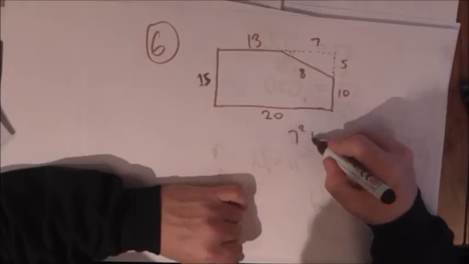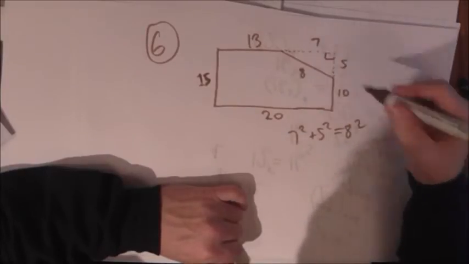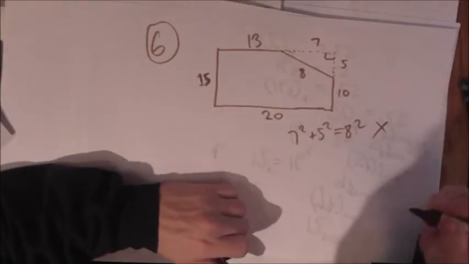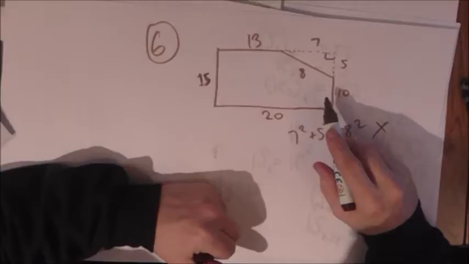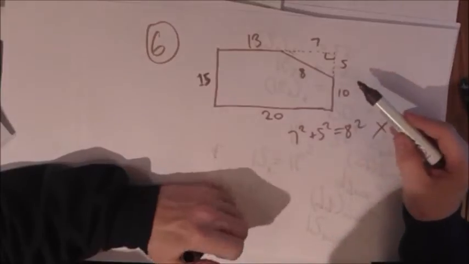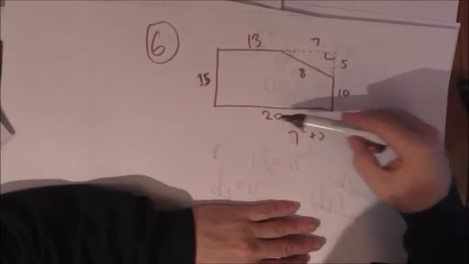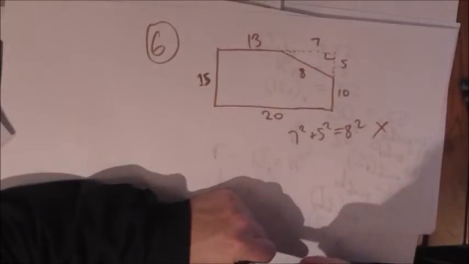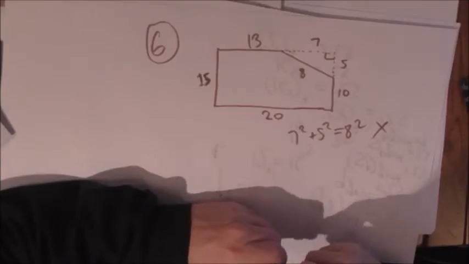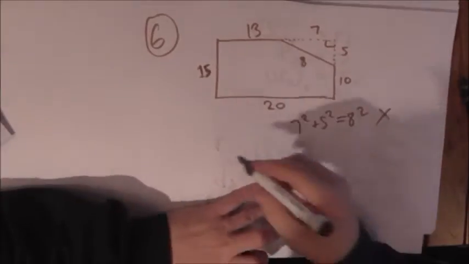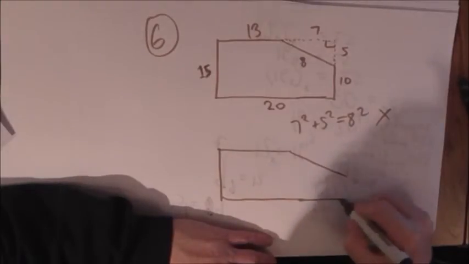So is 7 squared plus 5 squared equal to 8 squared? It should be, if that's going to be a right angle triangle corner. So it's not. Now, I'm just wondering if I have time to muck around with all the possible orders. I think there's a fair few ways to put these around, so I'm not going to waste time doing that. Maybe I should just have another muck around, just to get my head fully in the groove.